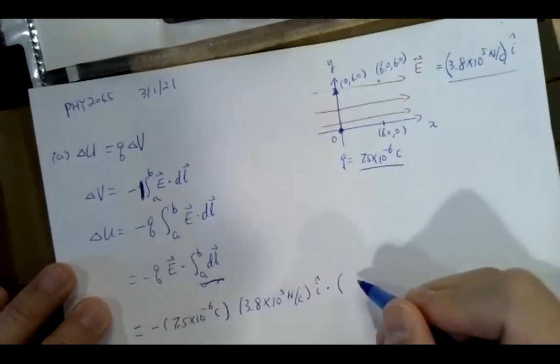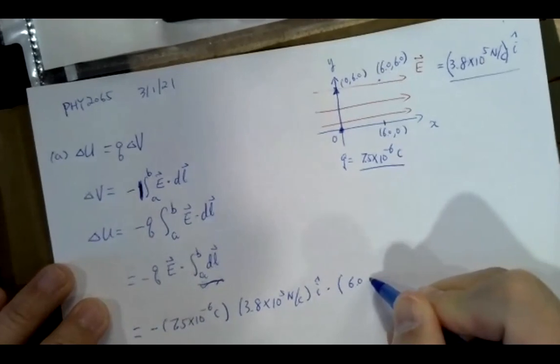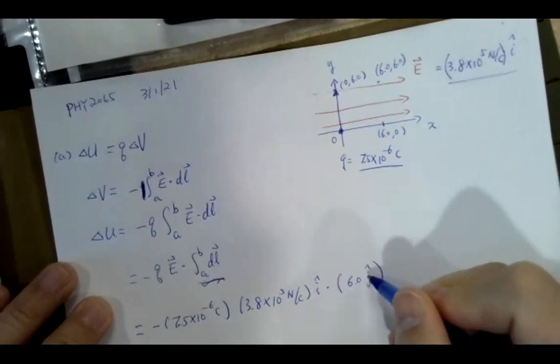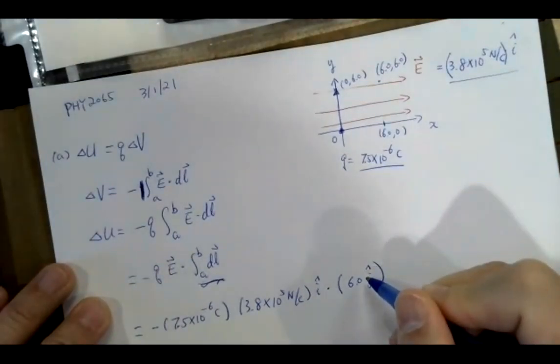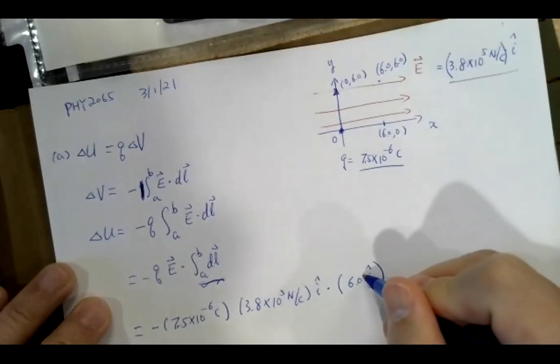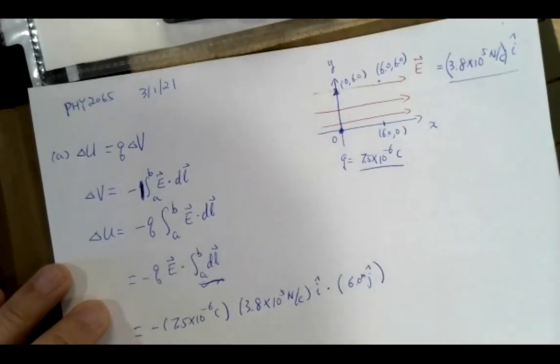So this integration will give you 6 in the y direction, so the j direction. And that should be in meters. Okay, I think they are given in meters. Right, 6 meters times that.